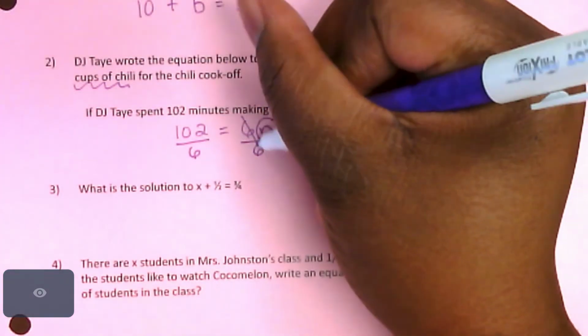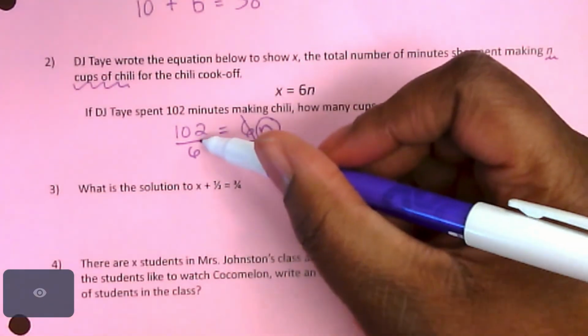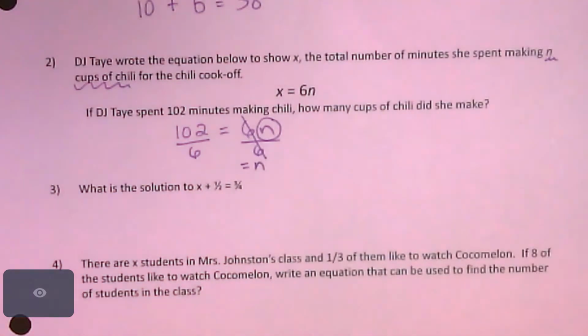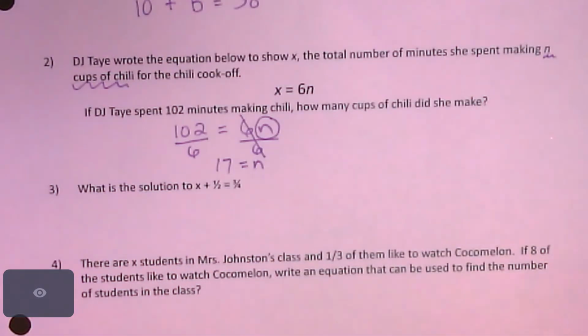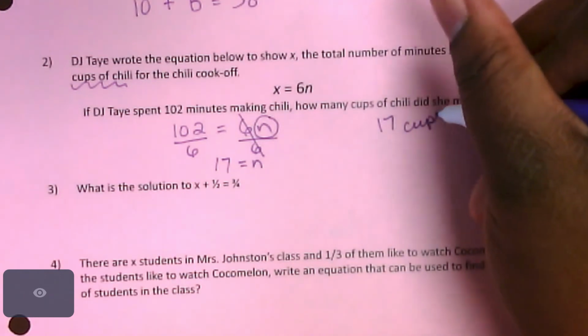These two 6's poof disappear because they turn into a 1, right? That invisible 1. And now we need to solve this side. So over here is N equals, and 102 divided by 6 is 17. So how many cups of chili did she make? 17 cups.